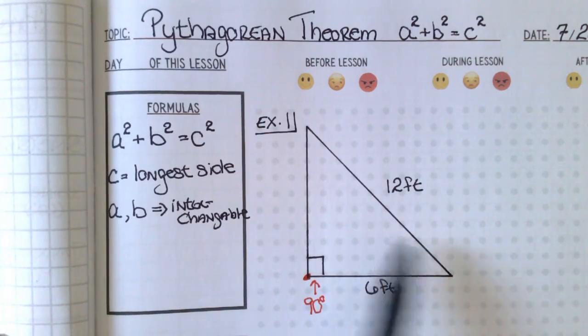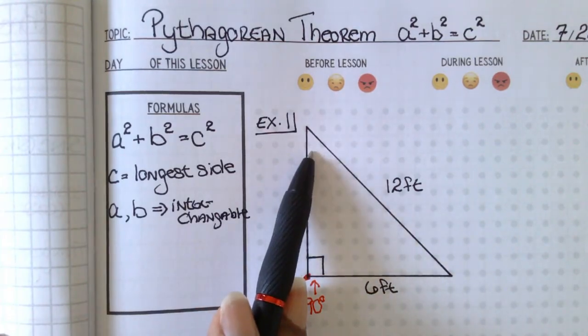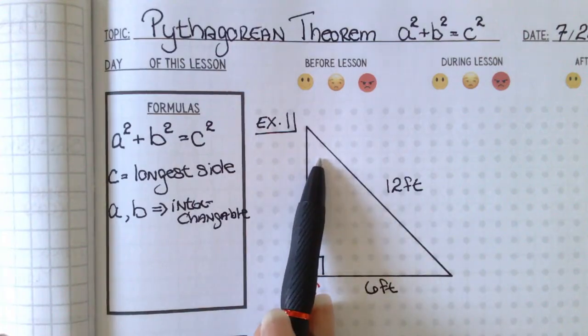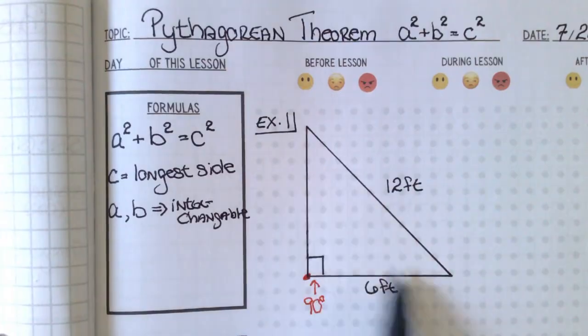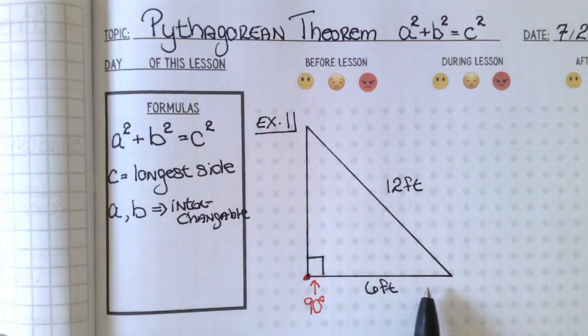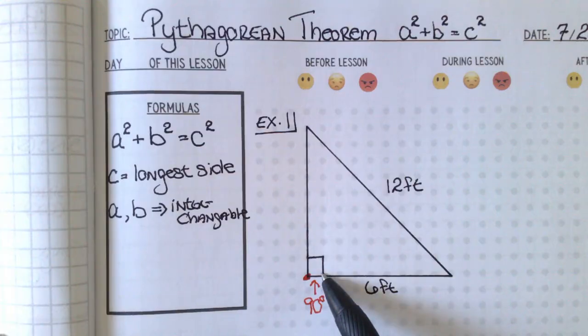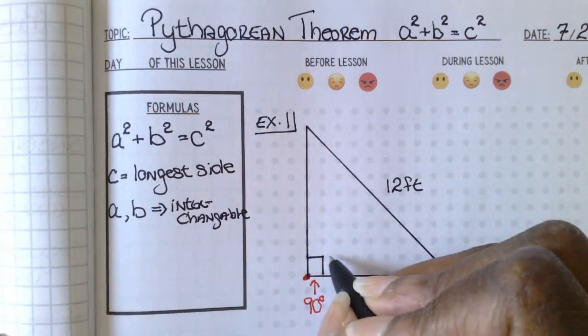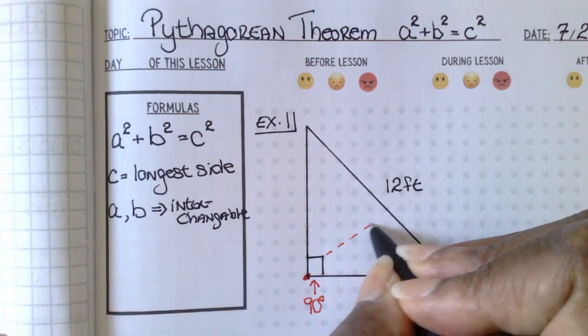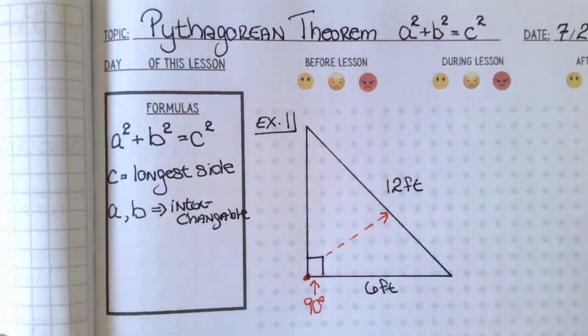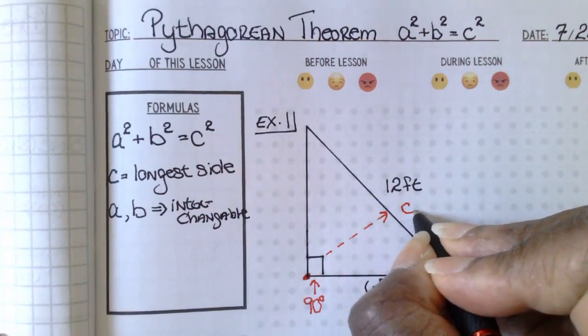So that means this is not going to be 90. Is it possible for this to be, I don't know, like 87? Yes. And this one could be 3? Sure. It's not going to look like this, but that's the thing about geometry. You can't trust your eyes. So, wherever you see that 90-degree angle, the side opposite that is going to be your C.